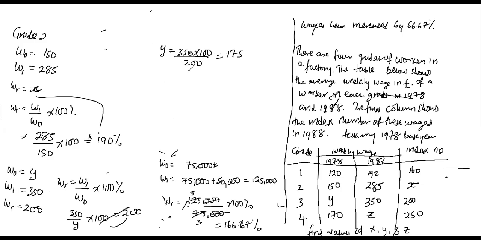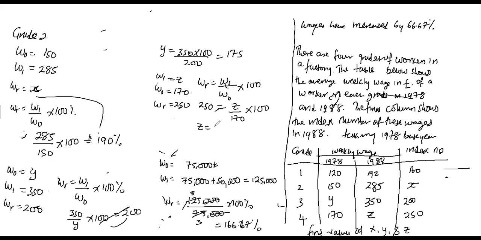Those are pounds. Then the last one, Z: you have the current wage as Z, base year wage as 170. The wage relative was 250. So the wage relative is equal to wage in the current year over wage in the base year times 100. So 250 equals Z over 170 times 100.